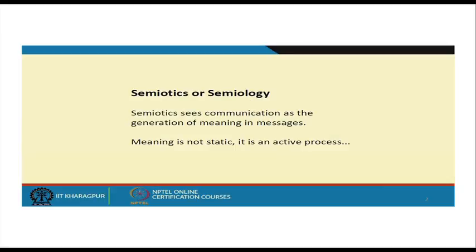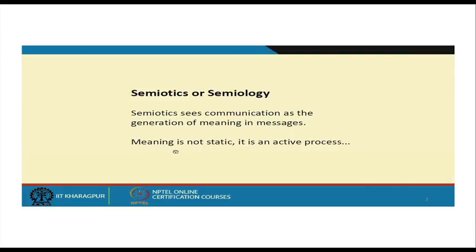And remember one thing: whenever it comes to the meaning of signs, semiotics does not stop with the system of signs, but also looks into the meaning of these signs. It is important to note a very simple tip which we should not forget, which I have mentioned here. Meaning is not static, it is an active process.